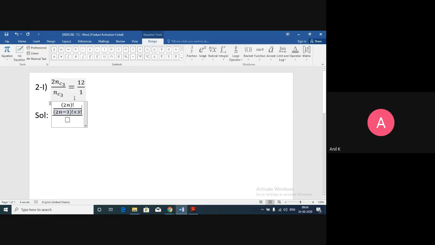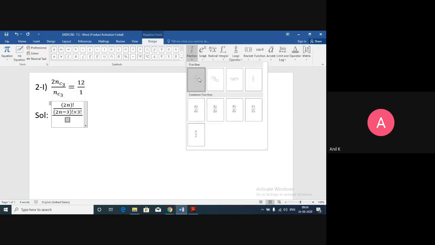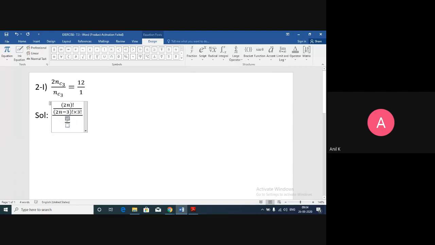Now the denominator we have is nC3. So the formula for nC3 is n factorial upon n minus 3 factorial into 3 factorial, which equals 12 upon 1.